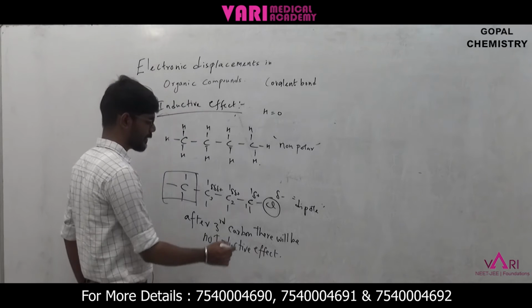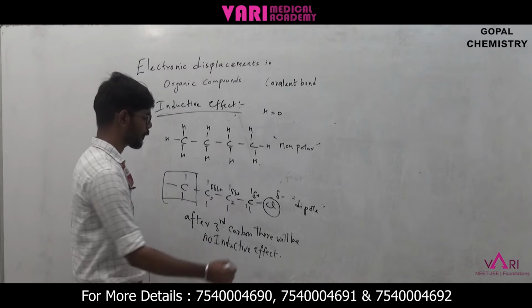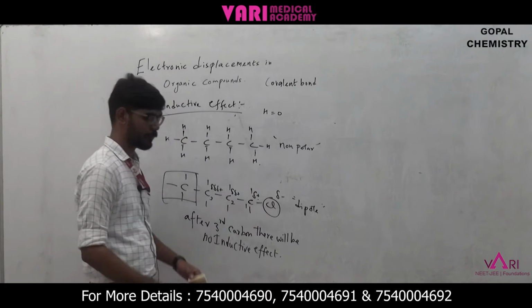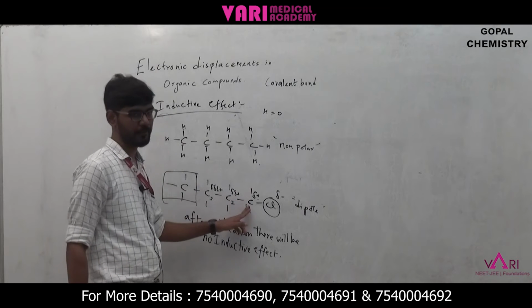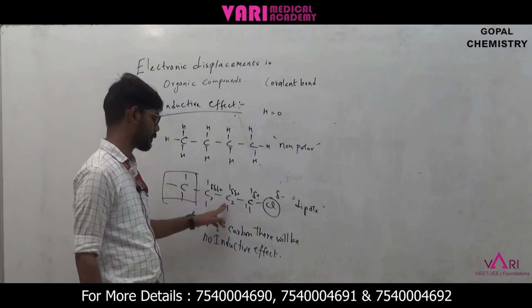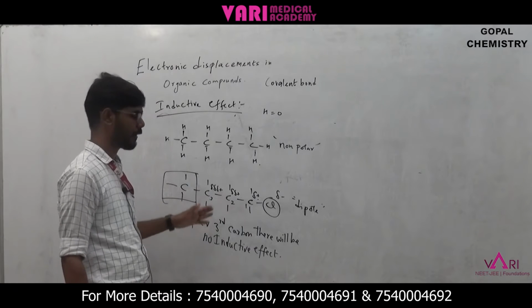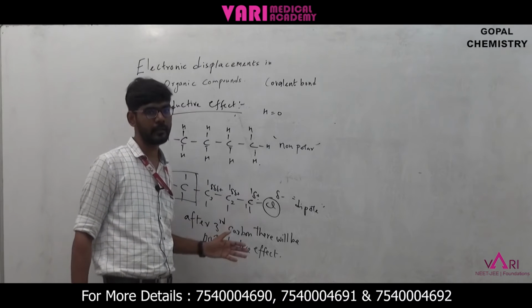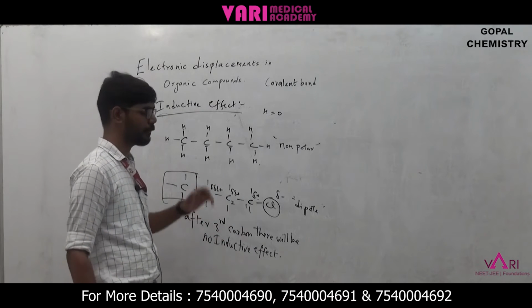Since the polarization is taking place, the polarizability will be maximum at the first carbon, the second one will sense slightly less polarizability, and the third one is minimum. A very meager sense of polarizability will be experienced.